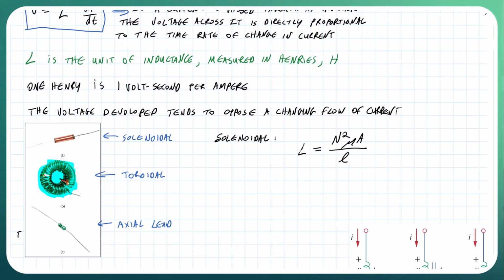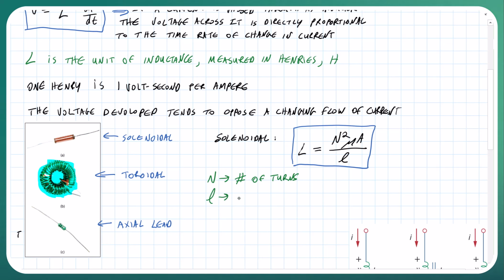Let's define what these are. Where n is the number of turns, little l is the length, A is the cross-sectional area, and mu is the permeability of the core.